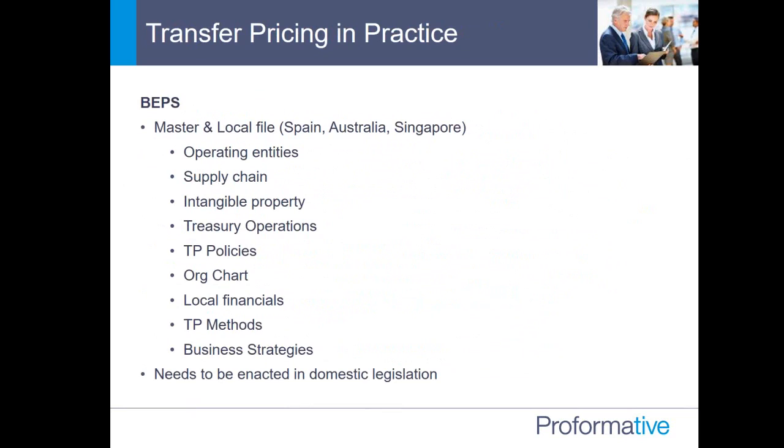And any such amendments do need to be enacted in the local domestic legislation.